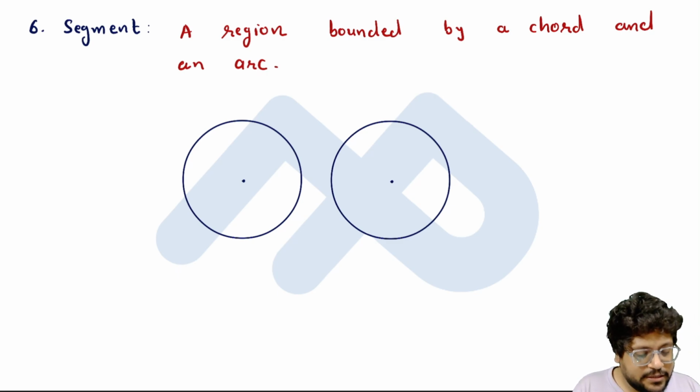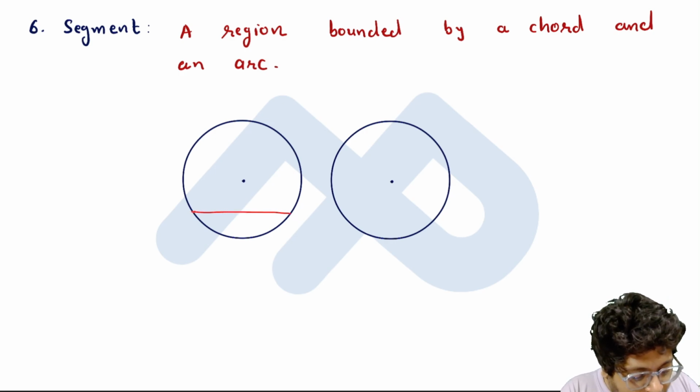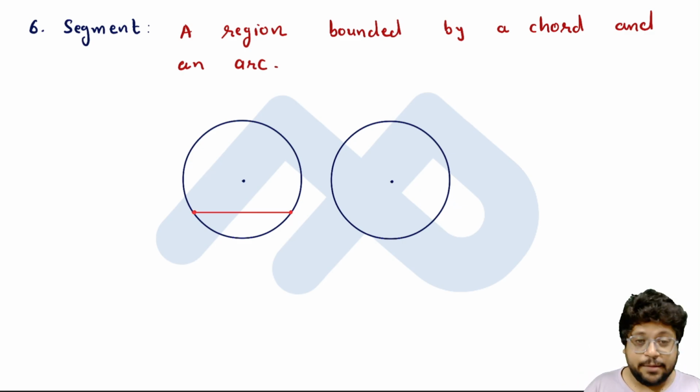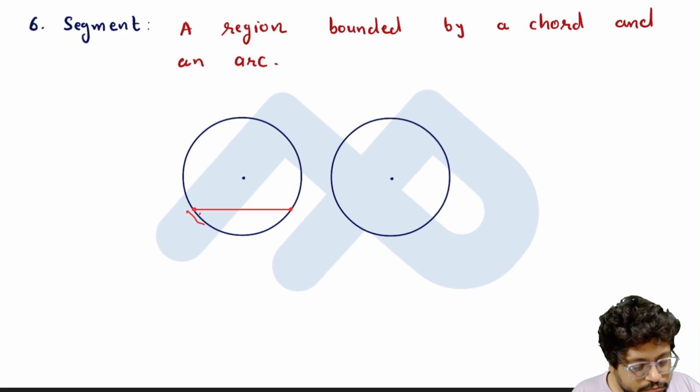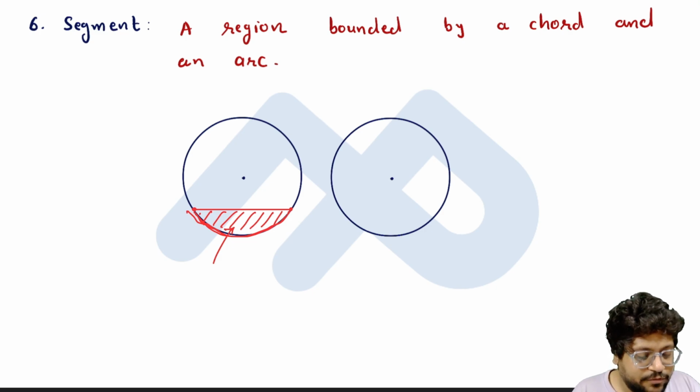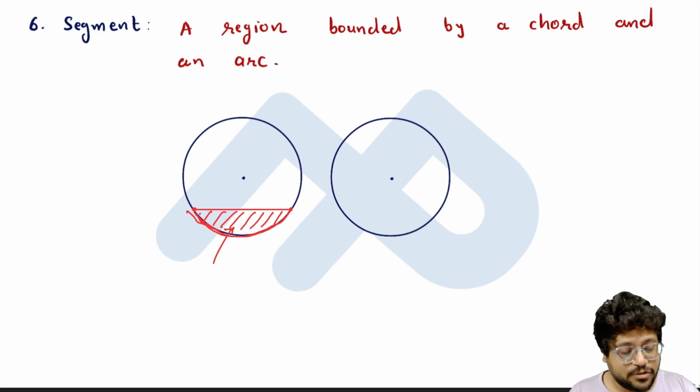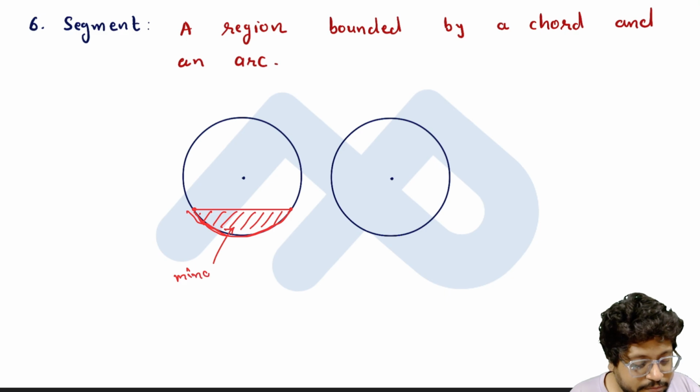And the sixth one is a segment. Unlike the sector, a segment is the region bounded by a chord and an arc. Let's say this is a chord, which is a line segment whose both endpoints lie on the circle. So the region bounded by this chord and this minor arc is called a segment. Because the arc associated with this segment is a minor arc, this is a minor segment.